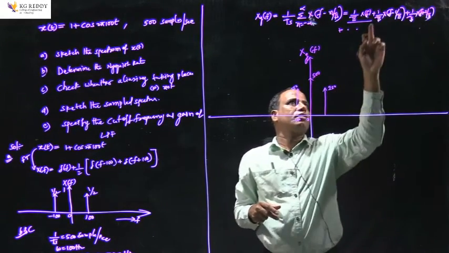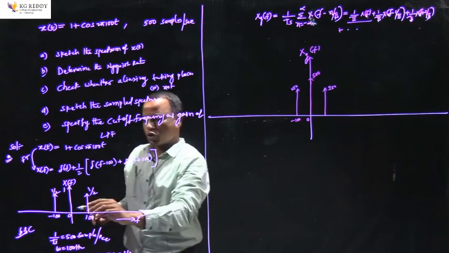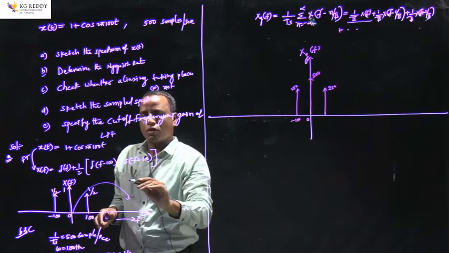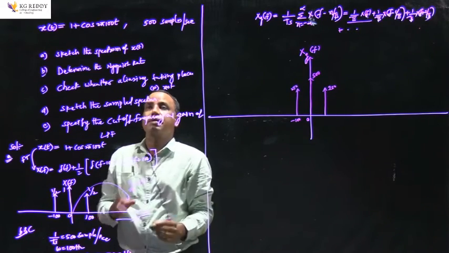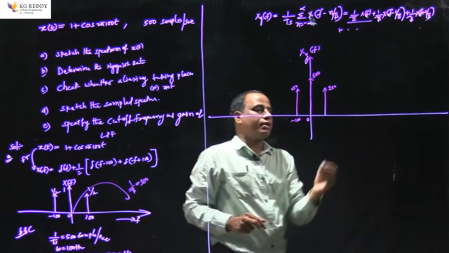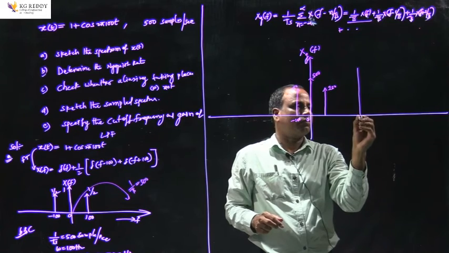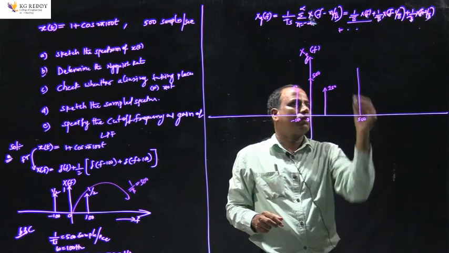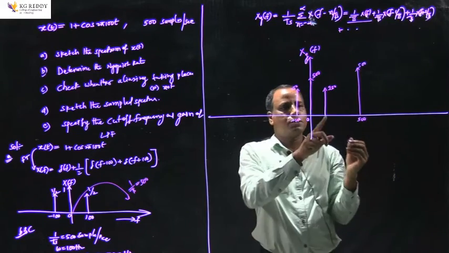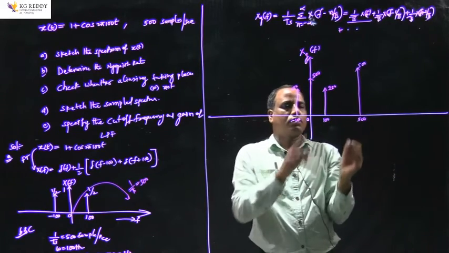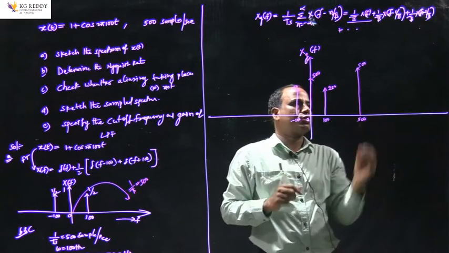Now plus 1 by Ts into x of f minus 1 by Ts. The same spectrum, this origin should be shifted towards the right side by an amount of 1 by Ts. What is that 1 by Ts? 1 by Ts is equal to 500 samples per second. So the origin becomes 500 here, with an amplitude of 500, and this point, origin plus 100, gives you this sample, and origin minus 100 will give you this sample.